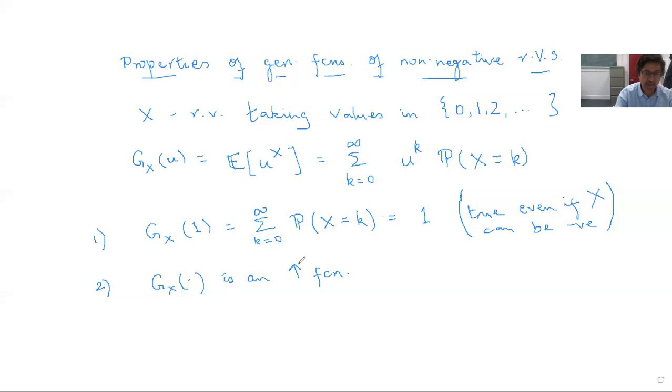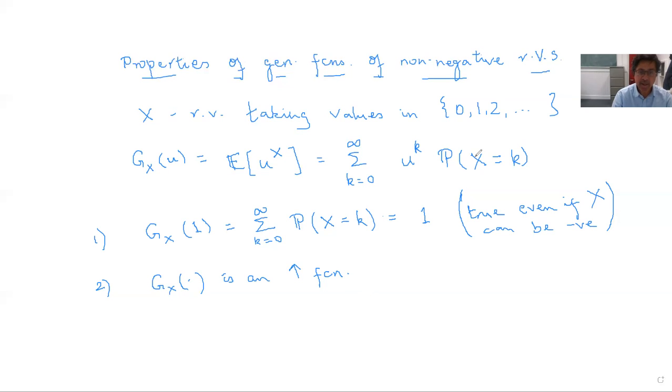By increasing function, I just mean non-decreasing. The constant function 1 is non-decreasing. Then u is an increasing function, u squared is an increasing function, u cubed is an increasing function, and so on. So G_X of u is a sum of increasing functions with non-negative coefficients. So it's either increasing or at least a non-decreasing function.